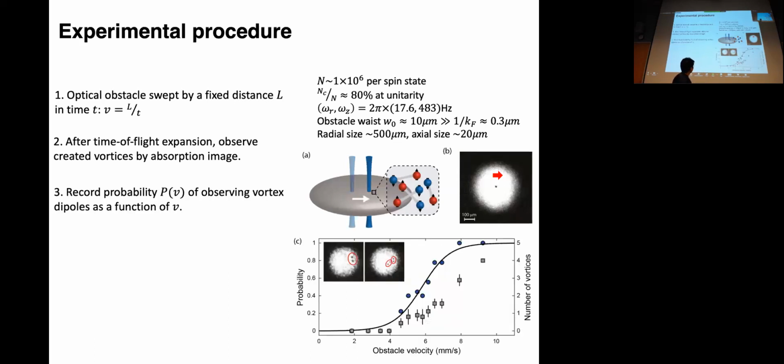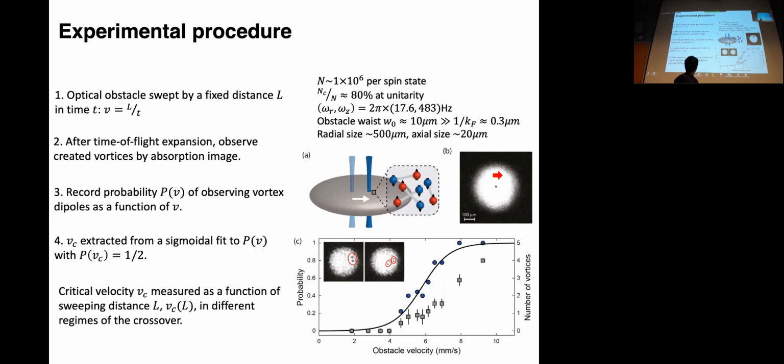We perform these measurements as a function of the optical velocity to record the probability to see a vortex dipole in our sample. And once we've measured the probability distribution, we fit a sigmoidal function to our data, and we define the half point as the critical velocity for vortex shedding, given an optical travel distance L, in different regimes of the BEC-BCS crossover.